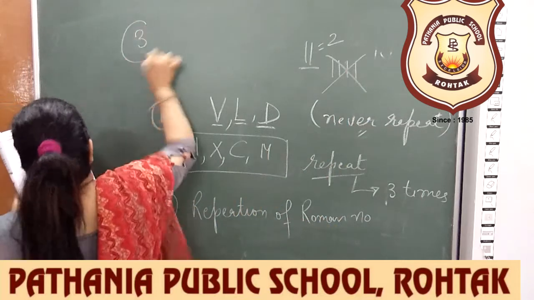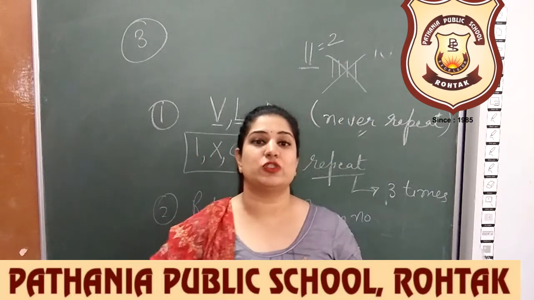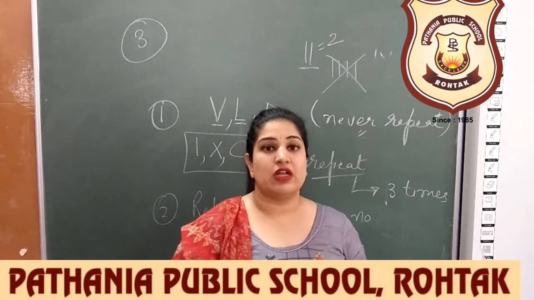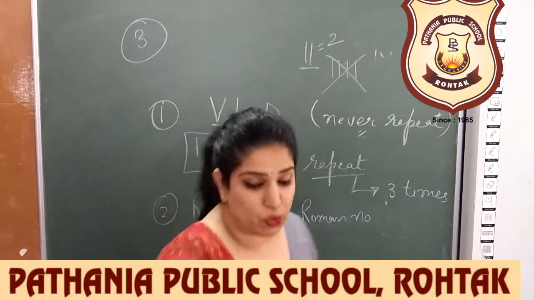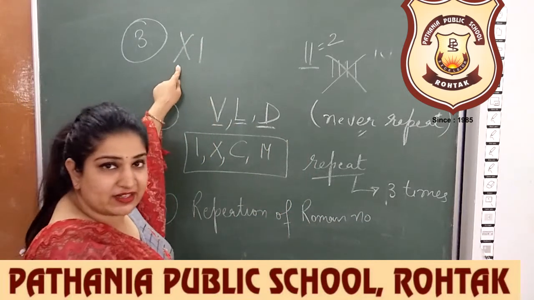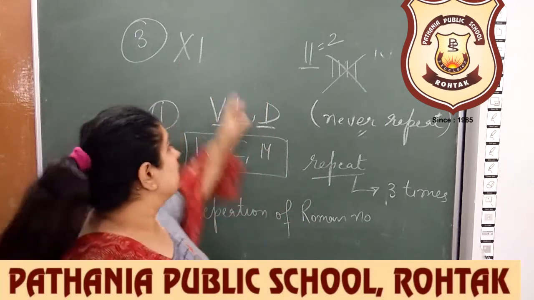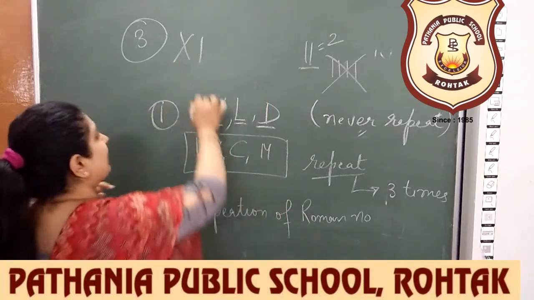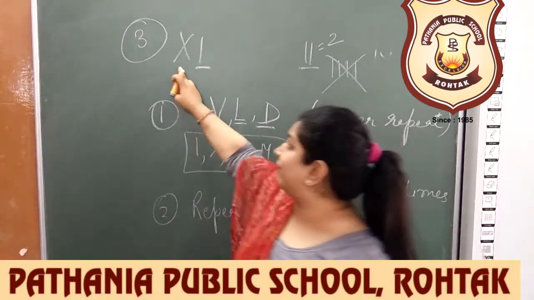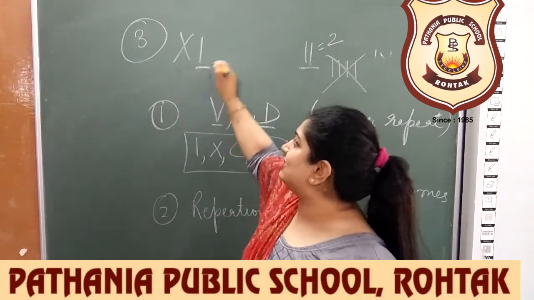Now, coming on to the third rule. If the smaller symbol is placed on the right hand side of the greater, this means you have to add both. See, X is greater than I. X means 10 and I means 1. So the greater symbol is on the left hand side.